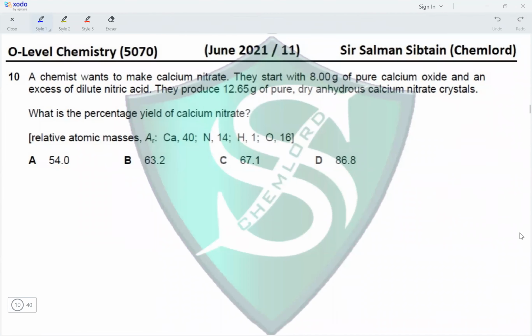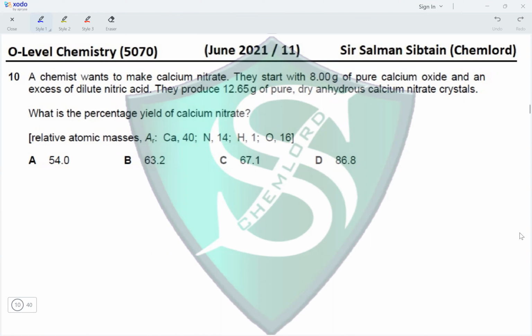Question 10. A chemist wants to make calcium nitrate. They start with 8 grams of pure calcium oxide and an excess of dilute nitric acid. They produce 12.65 grams of pure dry anhydrous calcium nitrate crystals. What is the percentage yield of calcium nitrate? Now they've given us relative atomic masses.